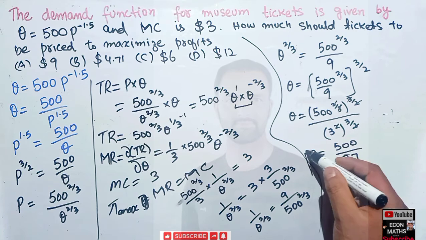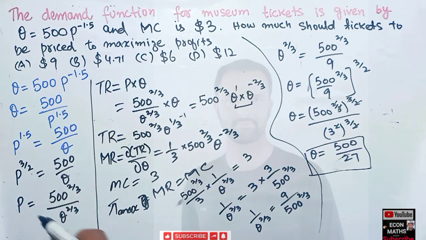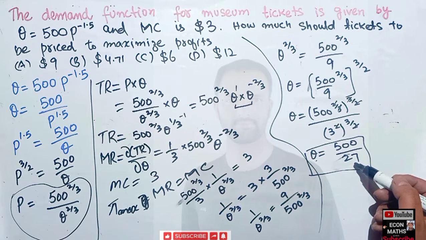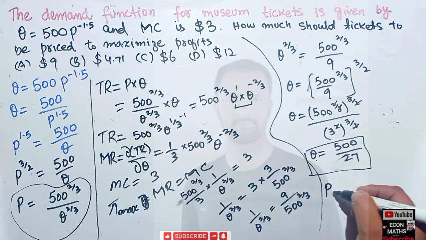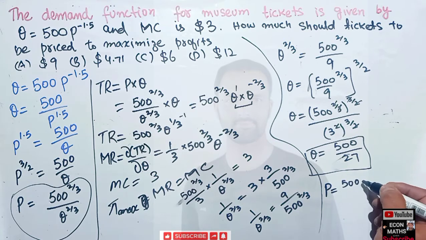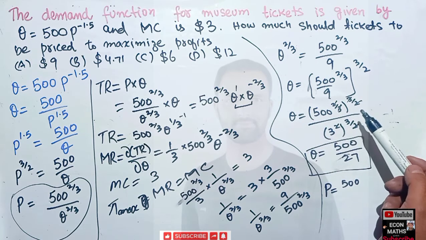so just plug this value in the inverse demand function, in this demand function, to get the price. Okay, so if we put q is equal to 500 upon 27, let us see what we will get. The equilibrium price, that is p is equal to, we have 500. Am I doing the calculation right here or not? So I got the value of q.